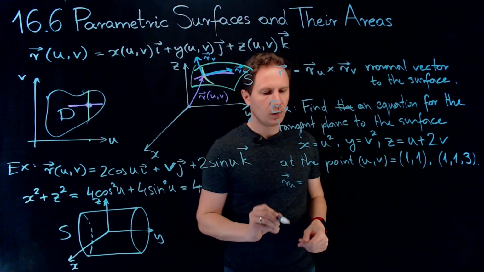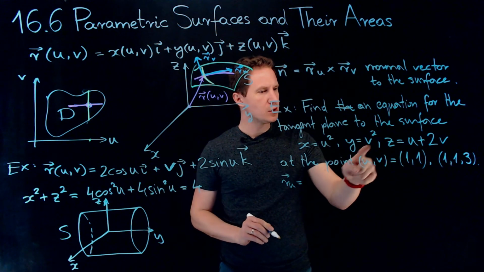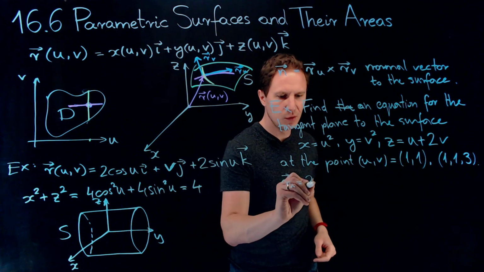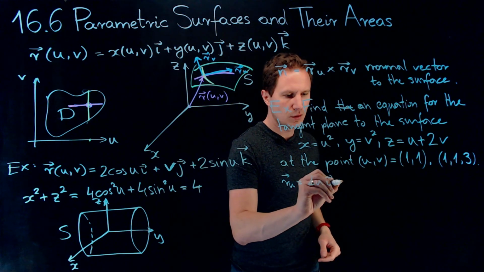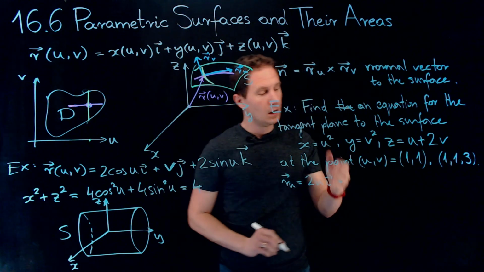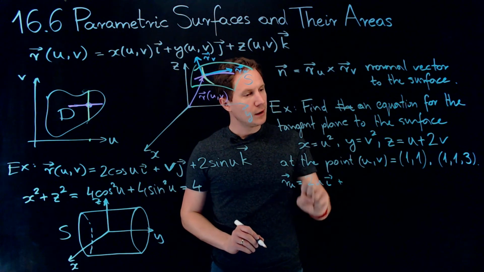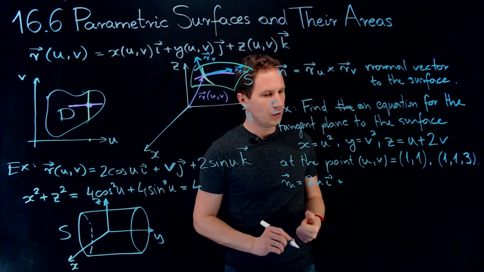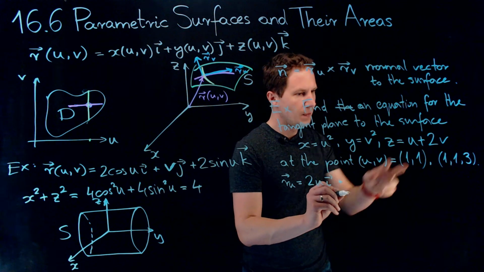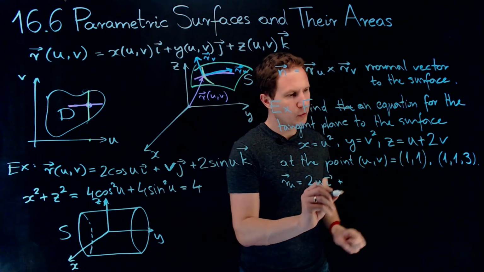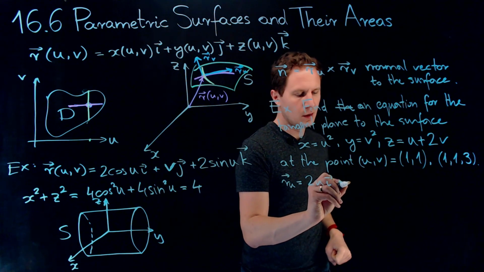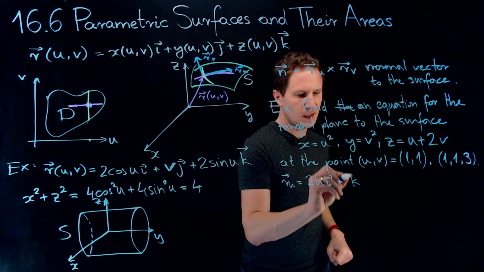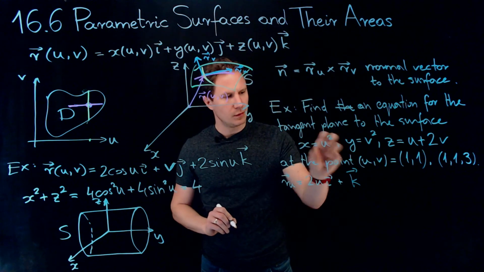derivatives. So r sub u is just differentiating these components with respect to u and writing down the resulting vector. So the y component does not depend on u, so there is no j vector in this sum. The z component gets differentiated to 1 with respect to u, so that's just a term with k.